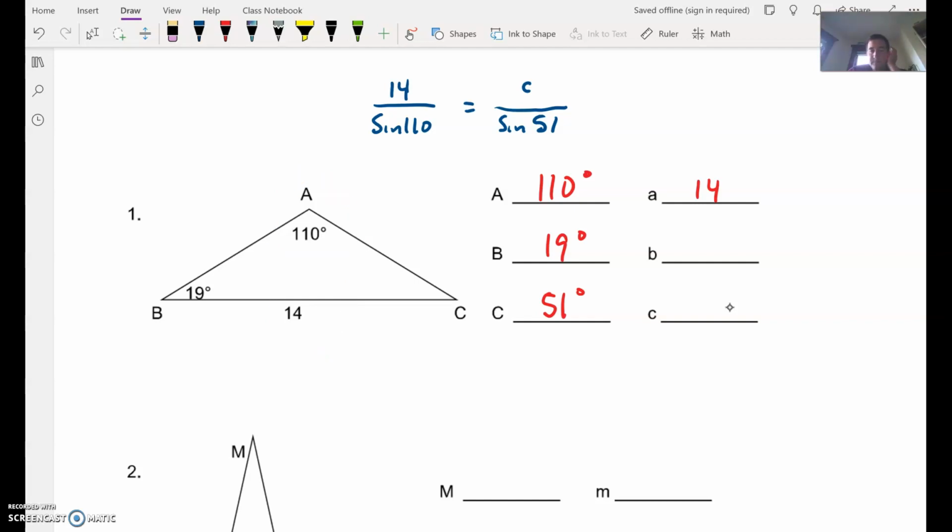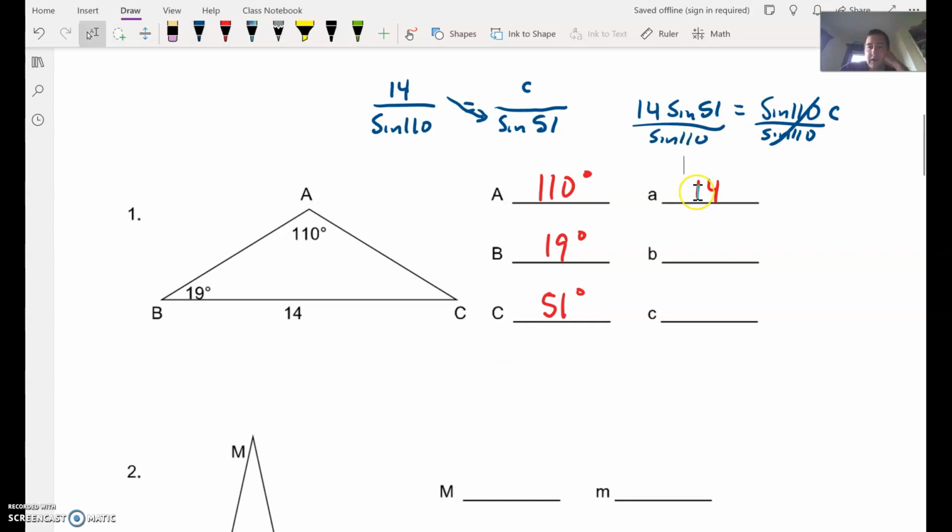So that's money when you get that, because then you just set up your law of sines. We cross multiply. So 14 times sine of 51 equals sine of 110 times C.